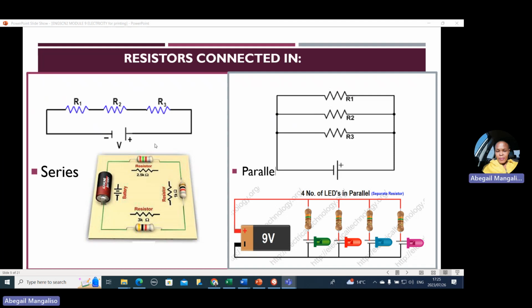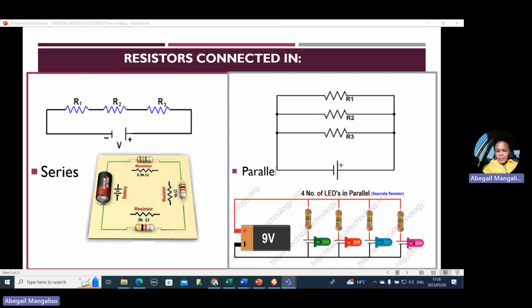Let's assume each is 3, 3, 3. So the total resistance will be 9, and the supply is also 9 volts.